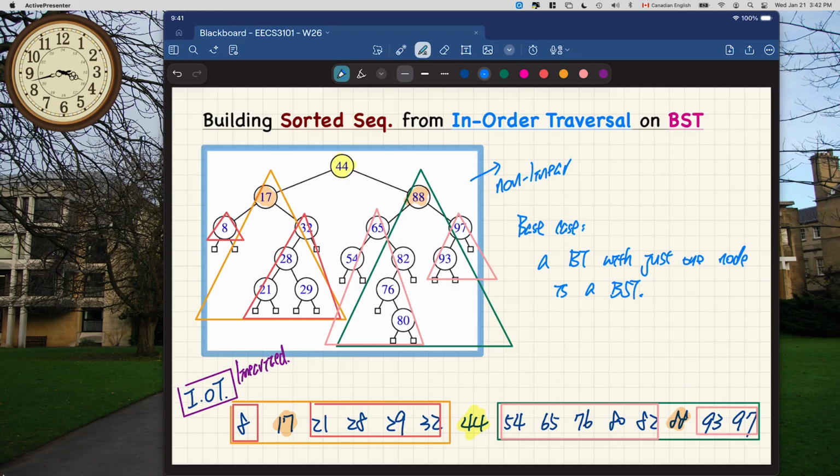It's like a one-element array is sorted automatically. I will just do it quickly. So you got 8, 21, 29, 54, 80, 93. So these are the one-node subtrees you have.